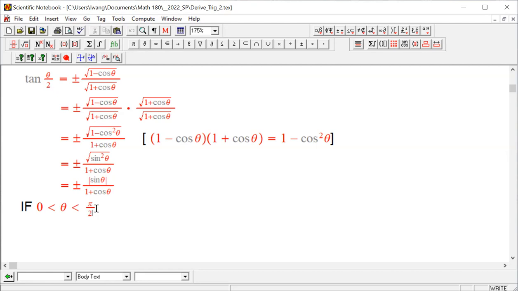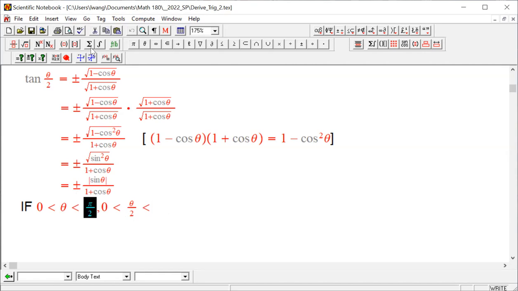If theta is in the first quadrant, theta over 2 is also going to be in the first quadrant, right?